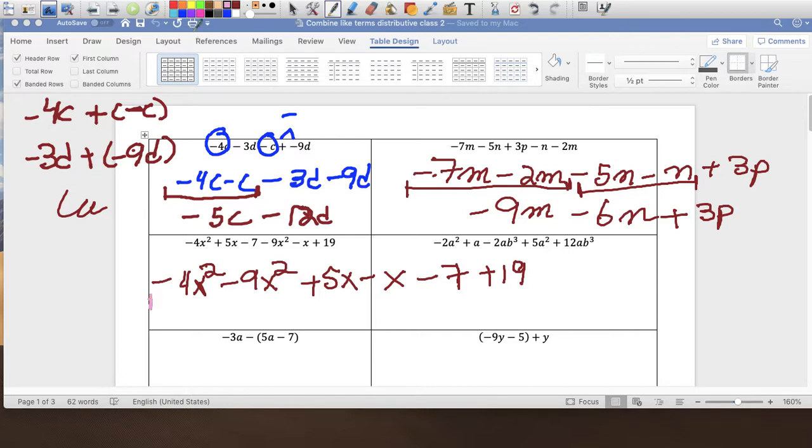So it starts, to me in the blue color, here and ends right before that sign there. So negative 4x squared minus 9x squared. If you like, please change it to negative 4x squared, change the subtraction to addition, and that becomes negative 9x squared.